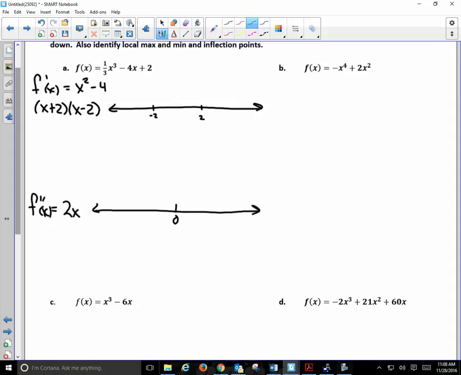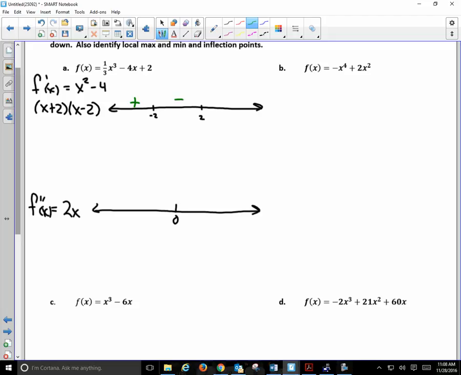Now, as you can see from our definitions, we're wondering where it's greater than 0, less than 0, so I'm wondering about inequalities. If you remember from last year, we solved these type of inequalities by simply plugging in points and testing them. So I'll plug in negative 3. Negative 3 plus 2 is negative. Negative 3 minus 2 is negative. Negative times a negative, positive. If I plug in 0, I get 2 times negative 2.